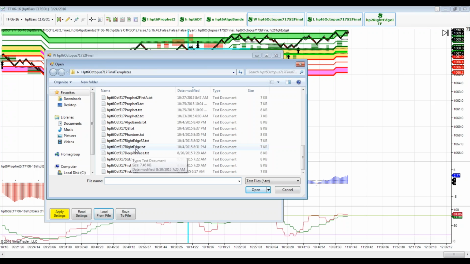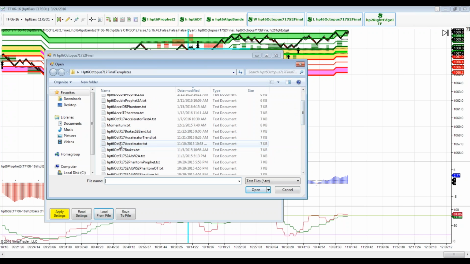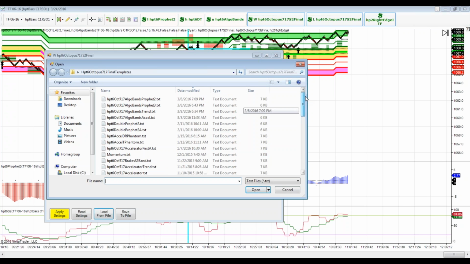Number 2 would be right edge, okay? Number 3 would be the accelerator. Number 4 would be the brakes. And number 5 would be the Algo Bands trend, all right? Those are the top 5 that I would look at.